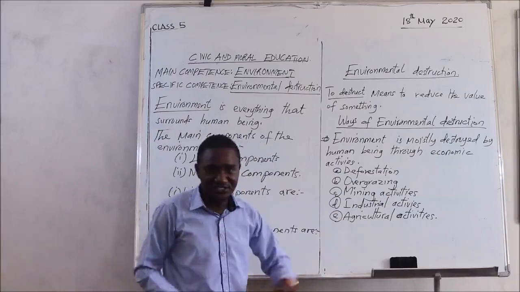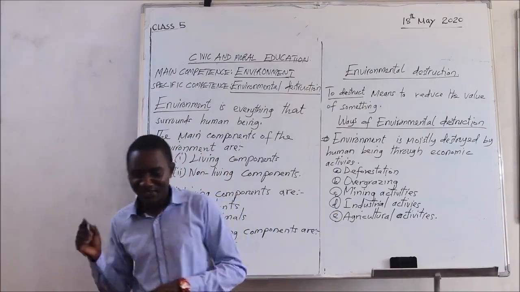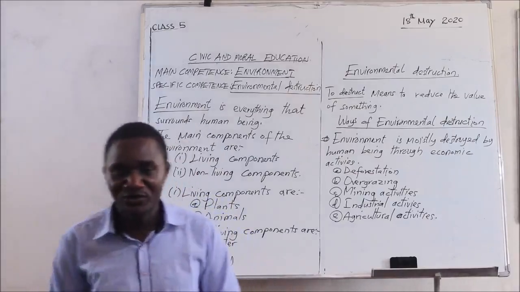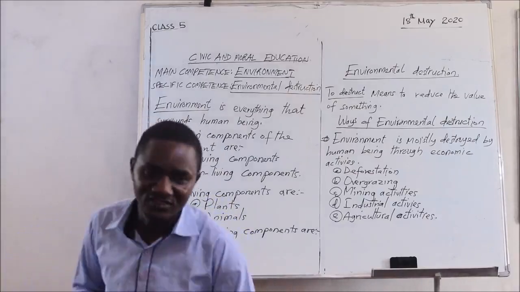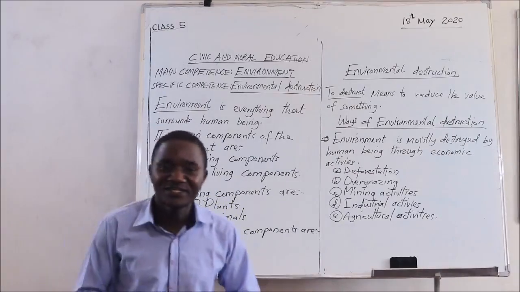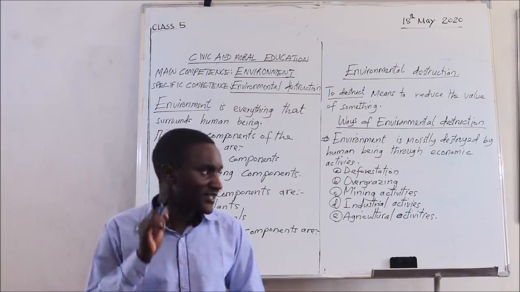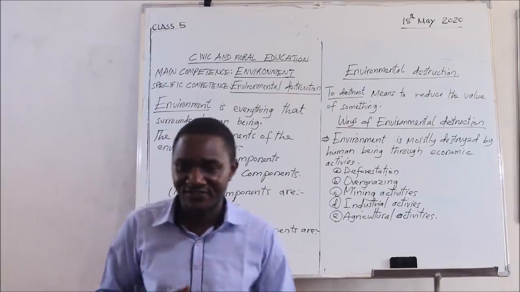Firstly, we have deforestation. Let us see the meaning of deforestation. What is deforestation? Deforestation is the process of cutting down trees without making replacement. Why do people cut down trees? People cut down trees for different purposes.